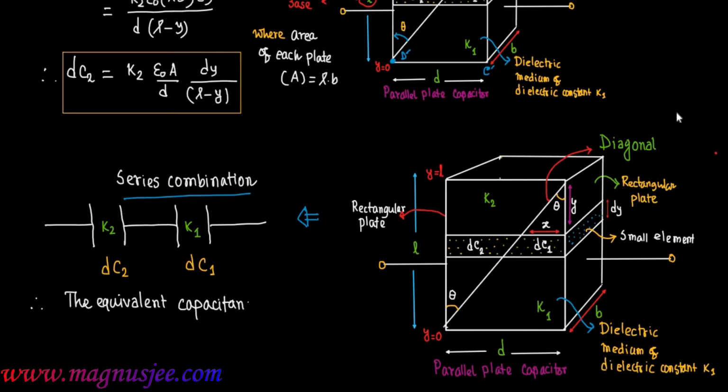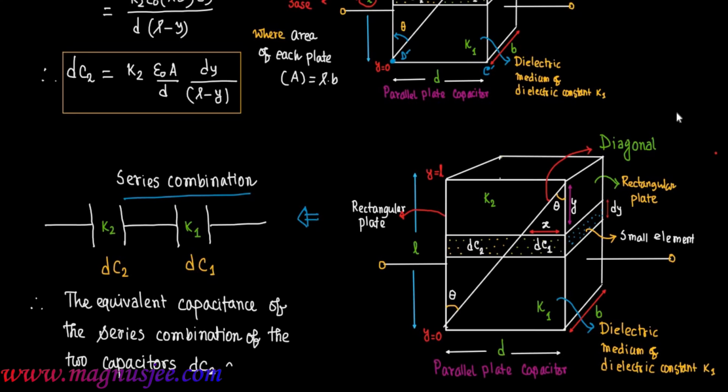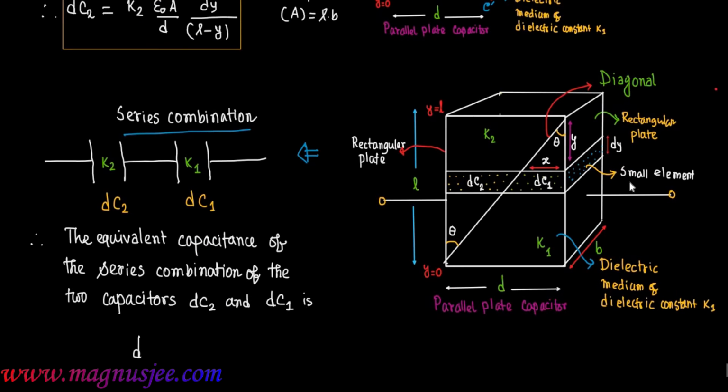Therefore, the equivalent capacitance of this series combination of two capacitors of capacitances dC2 and dC1 is dC equal to dC2 into dC1 divided by dC2 plus dC1.